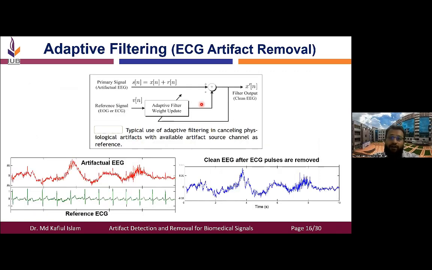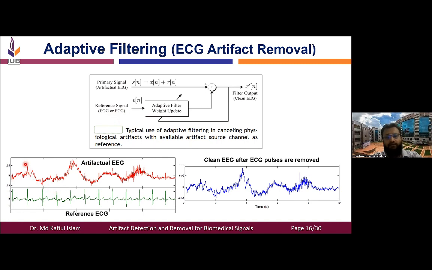This is an example of an adaptive filter. In an EEG signal, often the electrooculogram or ECG artifacts are very obvious. And if you want to remove them, you can separately record those signals as a reference signal channel, and then you have an artifactual EEG.